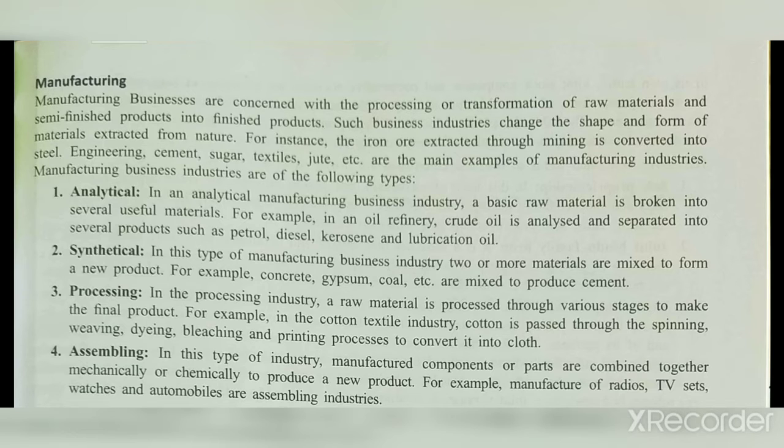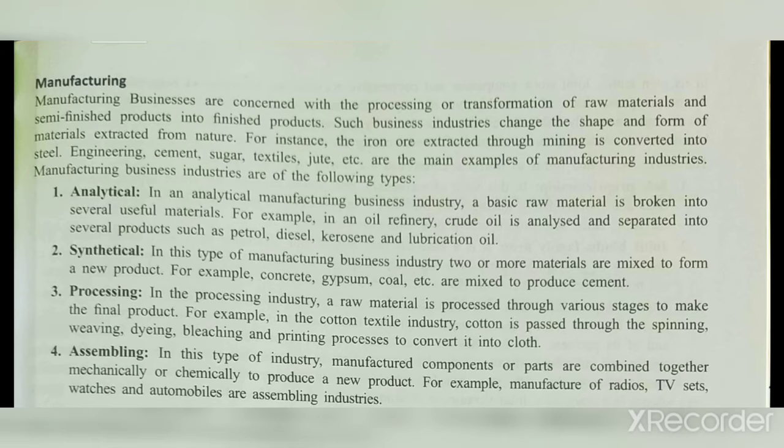And next, manufacturing business industries are of the following types. Again, in the manufacturing industries, we have different types of business industries. The first one is the analytical business, or analytical manufacturing industry. In the analytical manufacturing industry, a basic raw material is broken into several useful materials.